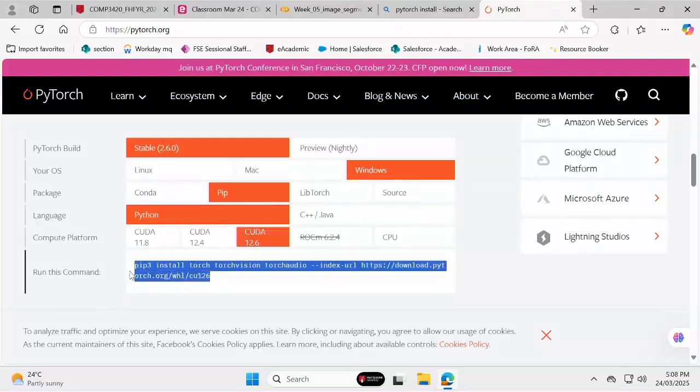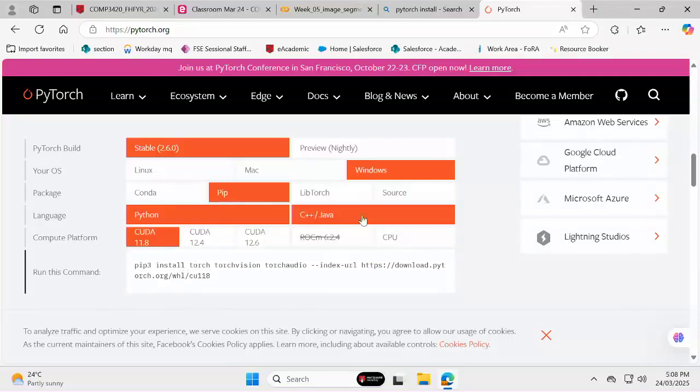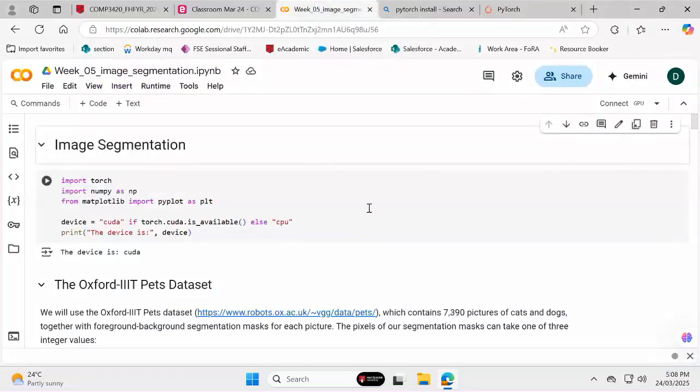Then you just run this, and it should work. So try it. If it doesn't, you might want to try this CUDA or this one here, or if not, you might have to go to the source, which then becomes more complex. Yeah? Any other questions? I think we can leave those questions for later anyway. That's not so much for this particular topic.